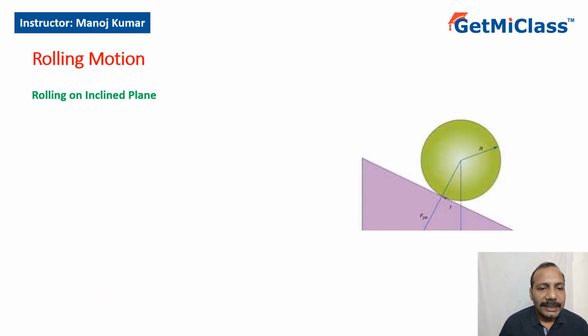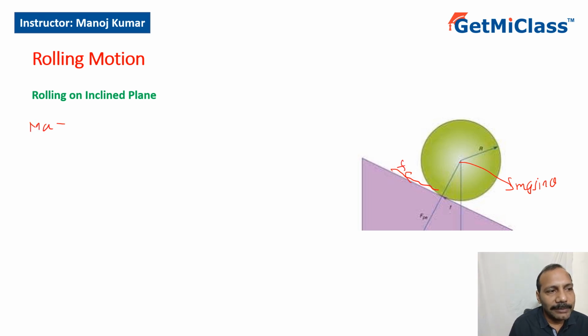Now let's look at a situation of a body rolling down an inclined plane. Again, I'll assume this to be some body of moment of inertia I. On an inclined plane, what is the force acting? Mg sine theta is acting downwards, and let's assume that friction is acting upwards. Writing the equation for linear motion, Ma equal to Mg sine theta minus frictional force.